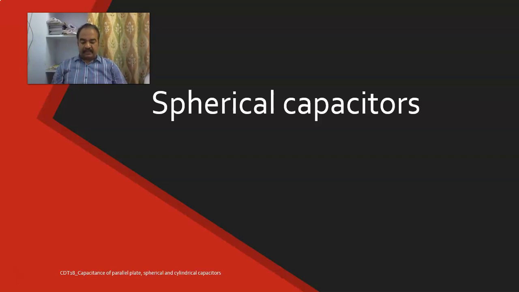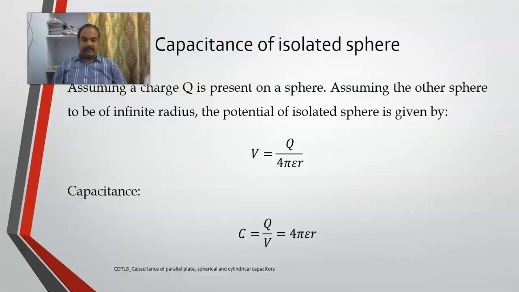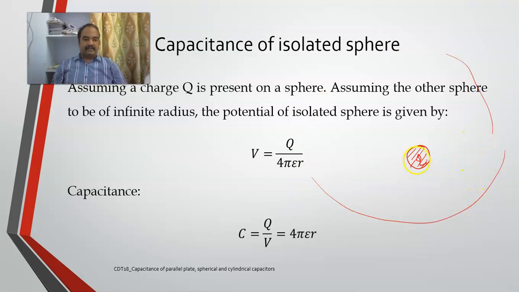Now we will move on to the spherical capacitor. In the spherical capacitor, we will assume that there is a single isolated sphere. It is just like a point charge, right? So assuming that it is having a charge Q, and there is another sphere which is at infinite radius. We will leave that one. Assume that this particular sphere is having a radius of r. So normally, what is the voltage at any point due to this one?